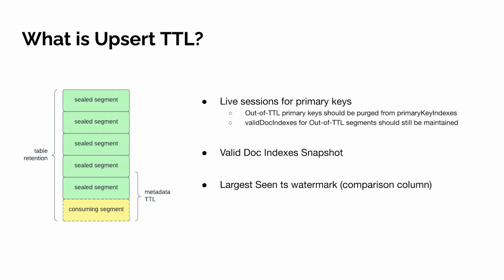We also propose another thing called the largest comparison TS watermark. Pinot upsert by default uses the time column value as the comparison column to determine the order of the messages, and we want to know which one is the latest record and treat it as the valid doc.